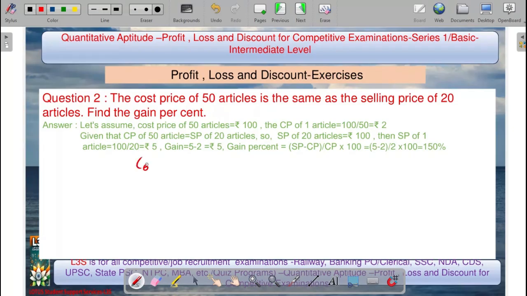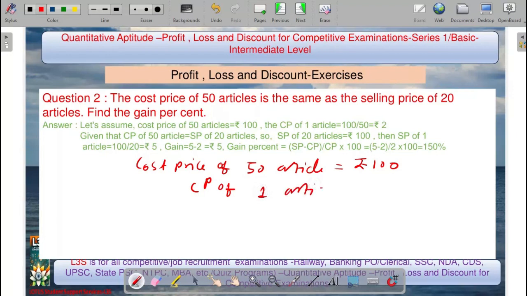Assume cost price of 50 articles equal to rupees 100. Now CP of one article will be how much? 100 by 50, so it will be rupees 2.